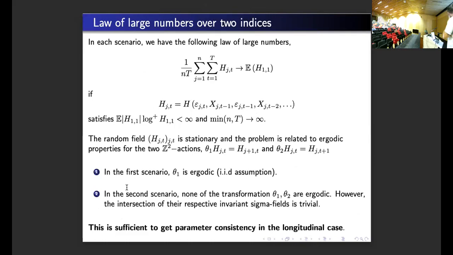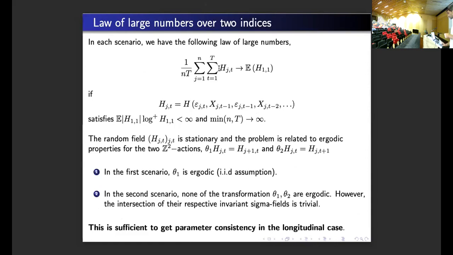When we want to study the parameter consistency, typically we only need the law of large numbers. Here we work with some variables that represent a stationary random field, due to the independence assumption and the stationarity of the covariate in time.